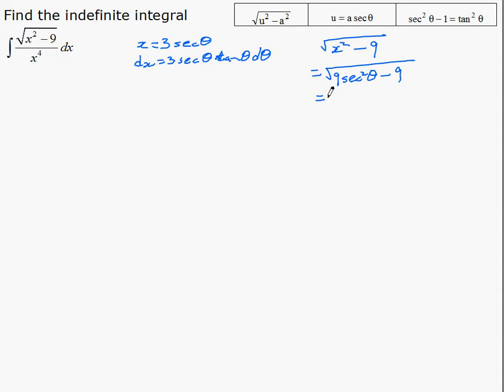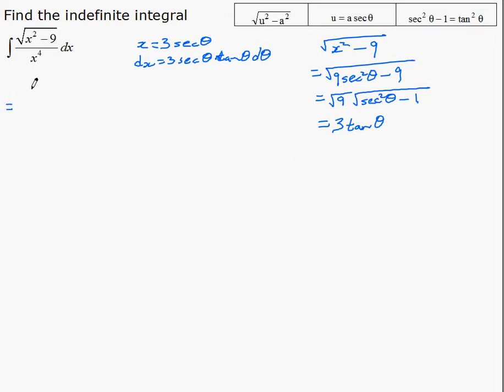We take out the 9, and that leaves us secant squared theta minus 1 in the root, and a 9 under a root outside. Root of 9 is 3. Secant squared theta minus 1, well, that's tan squared, so the square root of tan squared is just tan. So there's what this part is equal to.